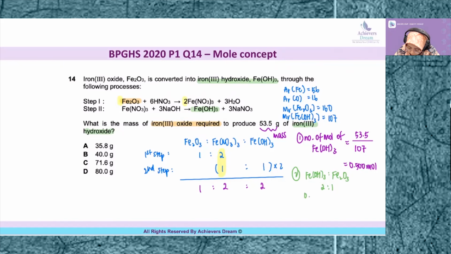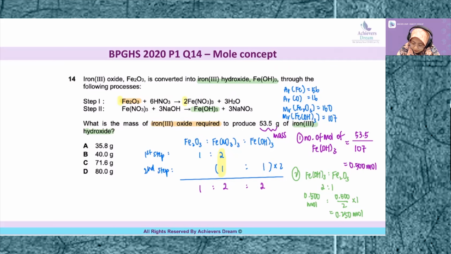Correct? So 0.500 mole of iron 3 hydroxide is produced by 0.500 over 2 times 1, which is 0.250 mole. So there you have it, the number of moles of iron 3 oxide.